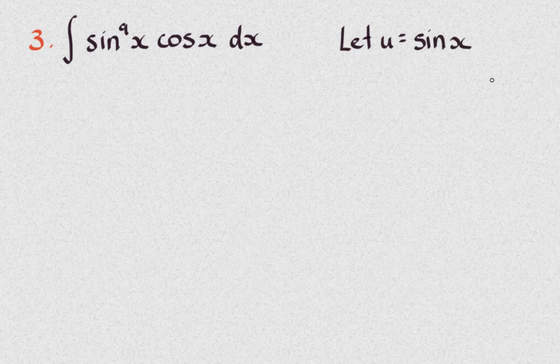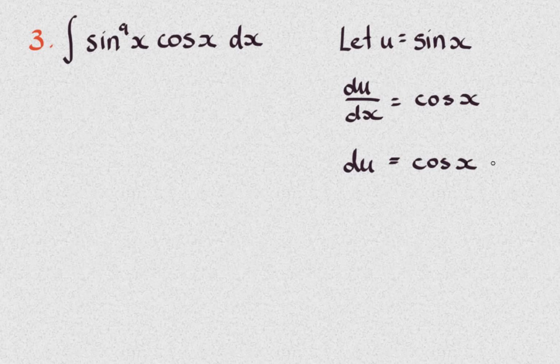So if we use this substitution, well, the derivative of sine is simply cos. And so cos x dx can just be replaced with du. And sine x, well, that's u, so we have u to the power of 9 du. Awesome. This is now something very easy for us to integrate.